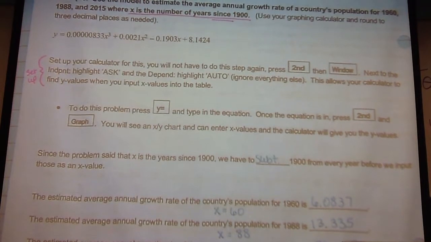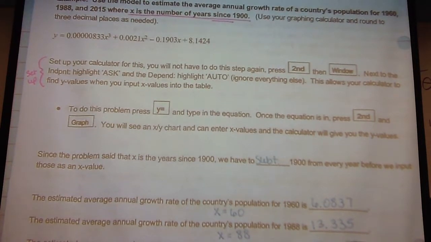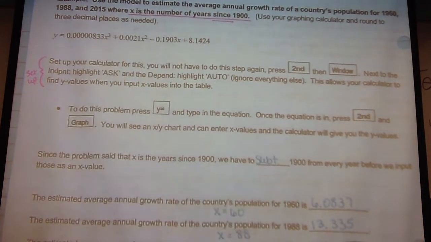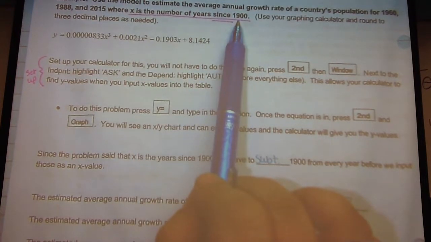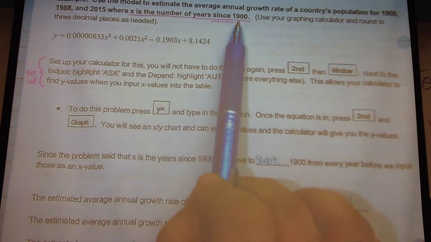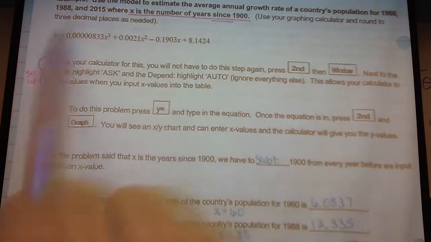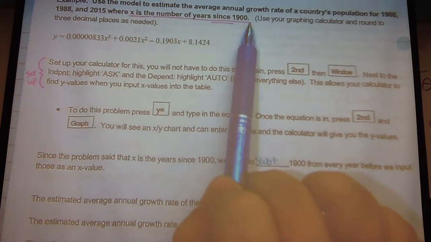The X's are what? What is that measuring? Were they the growth rate or the years? The years. So these are years, right? So this is saying that X is the number of years since 1900. That's what this equation is based on, is data since 1900.